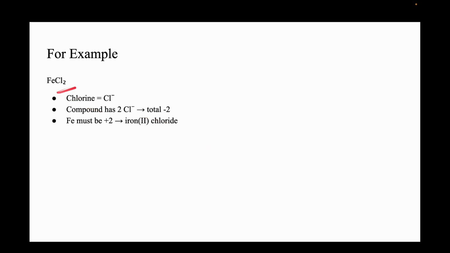So again, for example, we have iron chloride, iron and 2 chlorine. Chlorine usually forms a -1 charge, and the compound has 2 chlorine, so a total of 2 minus. So iron must have a charge of +2. So again, using the crisscross method, we know that iron's going to have a charge of +2, chlorine's going to have a charge of -1.